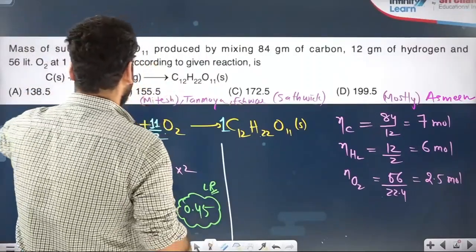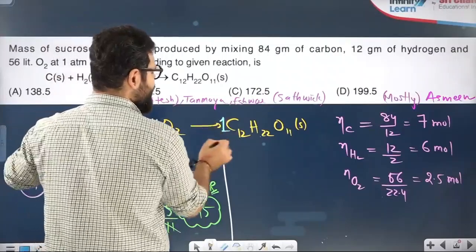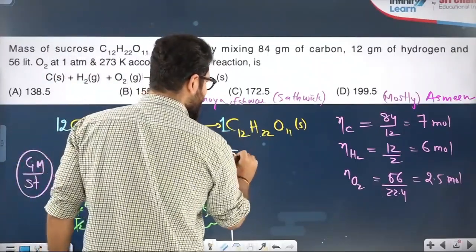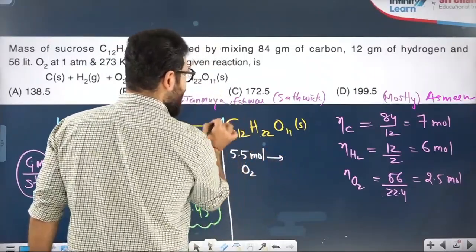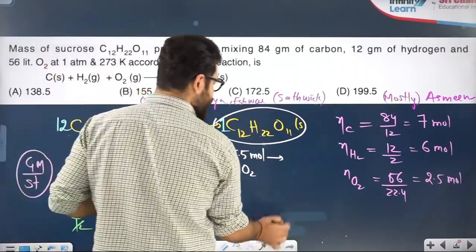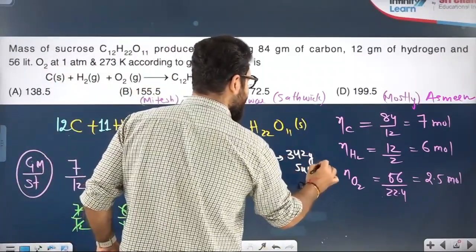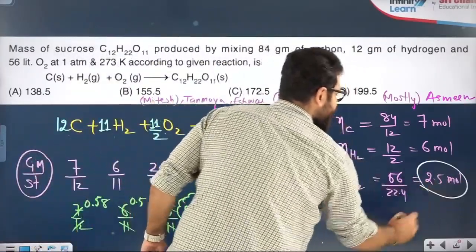Now oxygen says that 5.5 mole oxygen gives 1 mole sucrose. Molar mass of sucrose is 342 gram, you should remember, or you can add and check. 5.5 mole gives this much. Moles given are 2.5.